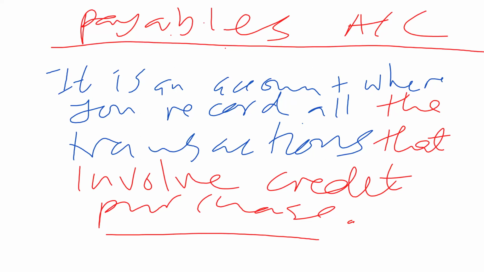That's very important. So significant, very important. Write down such a transaction in the payables account. It is indicating the amount of money that you owe your suppliers, that was supplied to you on credit. Is that clear?